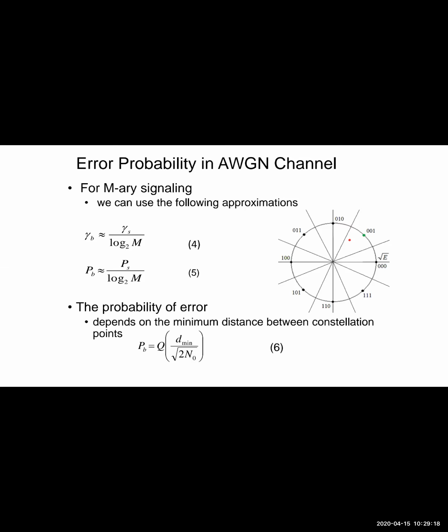Yeah, the log 2 M, it's just like the number of levels and then the number of bits you can carry. If the level is 8, it means you can carry how many bits? 3. If the level is 4, you can carry 2 bits.